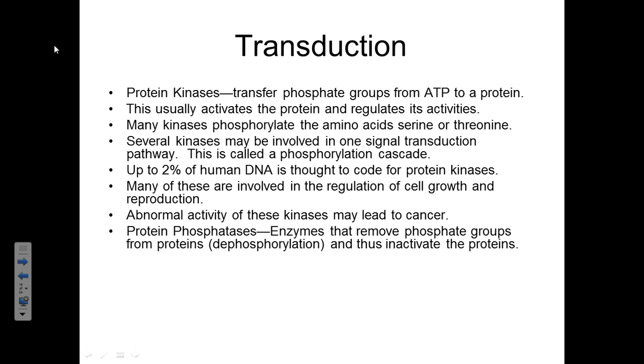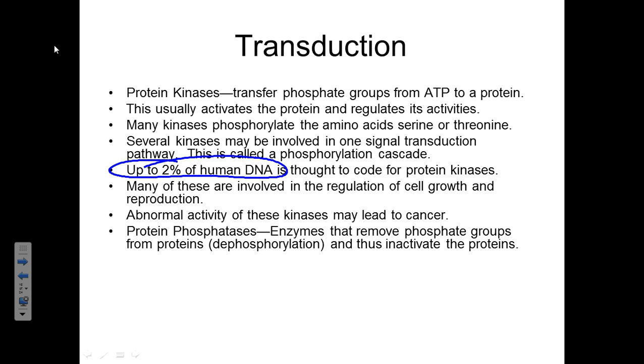All right, so this is kind of what we just talked about. That kinases are enzymes that transfer phosphate groups from ATP to a protein. And this usually helps to activate them, turn them on. Now these things are really, really important. Up to 2% of all your DNA codes for these things.